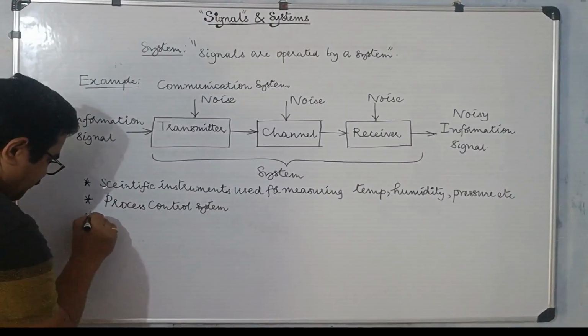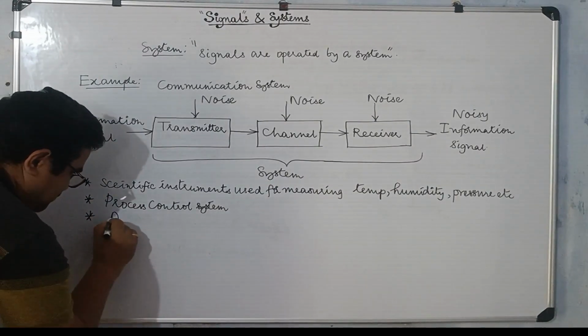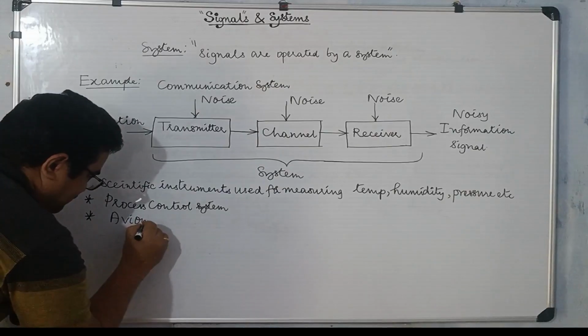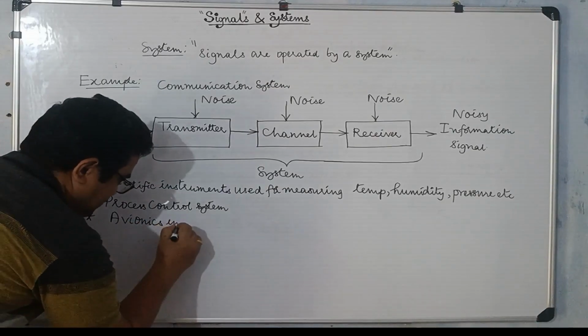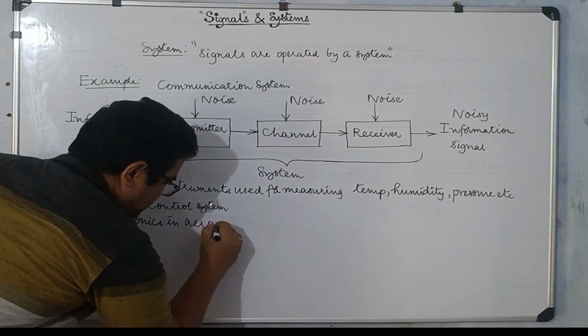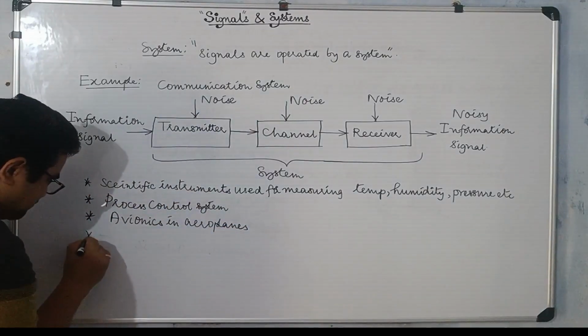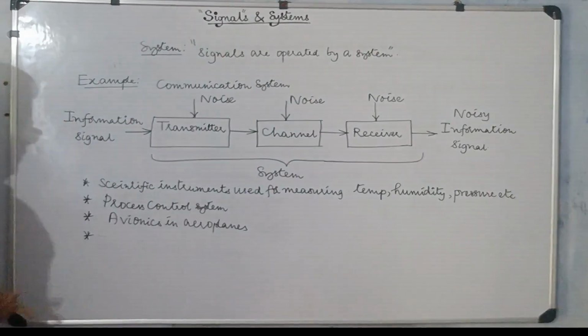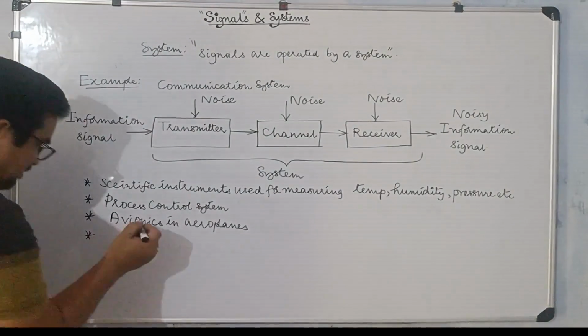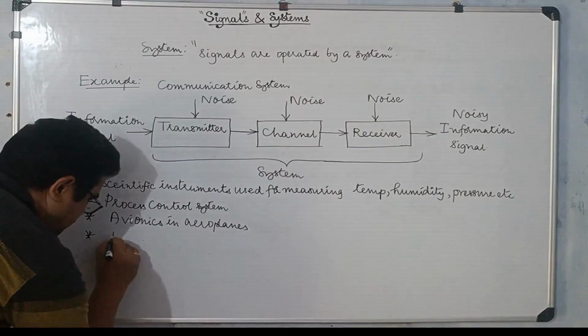Or avionics in aeroplanes is an example for a system. We have a number of systems in the aeroplanes. Then we have automobiles.